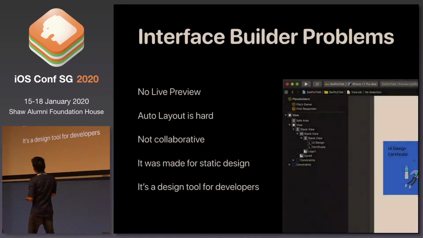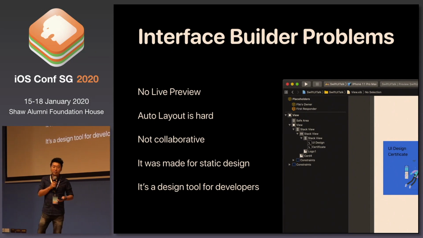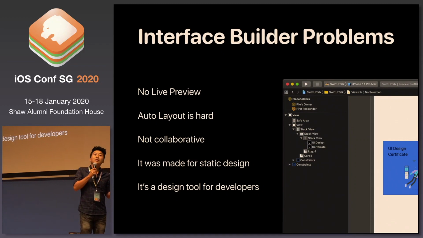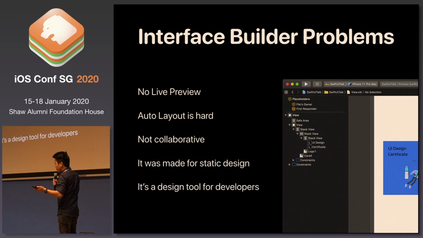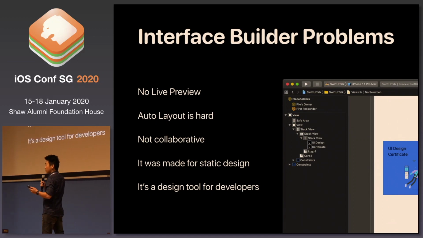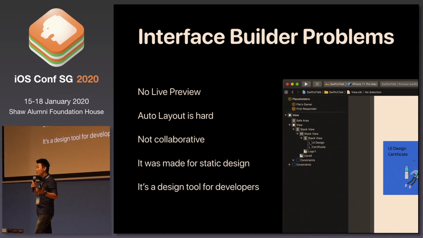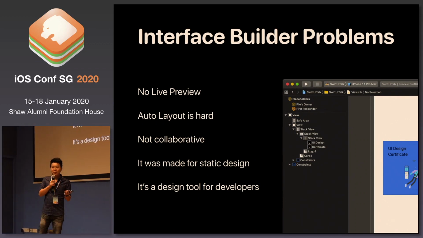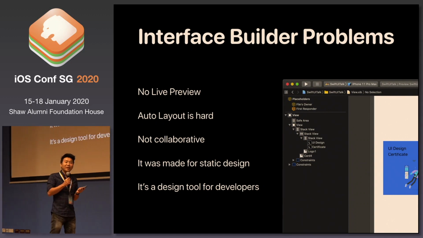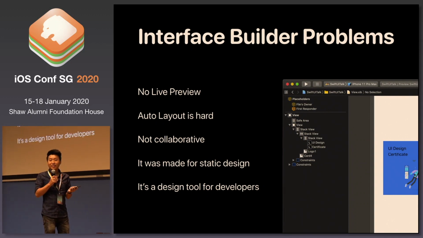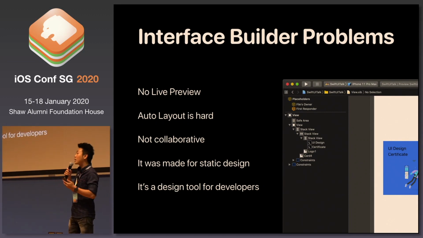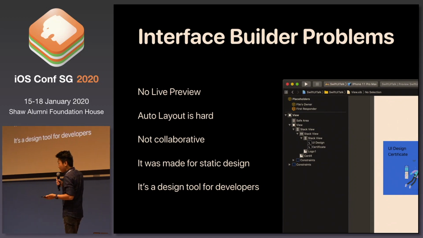Let's take a look at the problems, shall we? So the first thing is the obvious one, which is there's no live preview. So in code, you're essentially designing in the blind, as I would call it. You're just in front of the code. If you're creating a lot of layout, if you're trying to make something that respects the design, and by the way, I was told in a workshop that designers deliver their design in JPEG. Is that true? I hope not, because nowadays, prototypes have become extremely sophisticated.